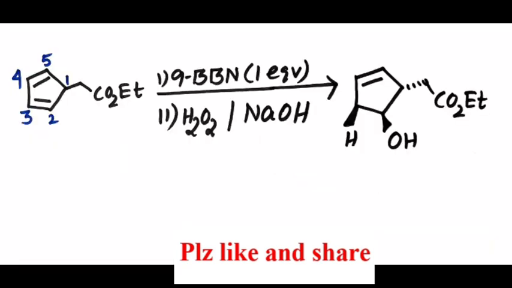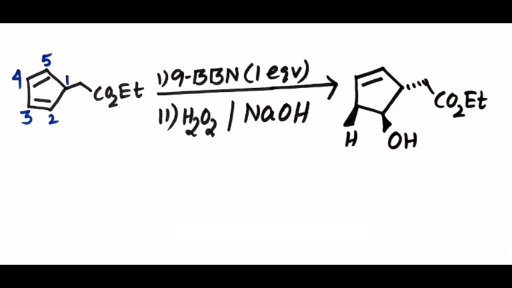Okay, this one is the answer part. So here, if we look at the cyclopentadienyl derivative, which is treated with 9-BBN, and this 9-BBN is taken in 1 equivalent and further treated with hydrogen peroxide in presence of sodium hydroxide, it readily gives our desired product.